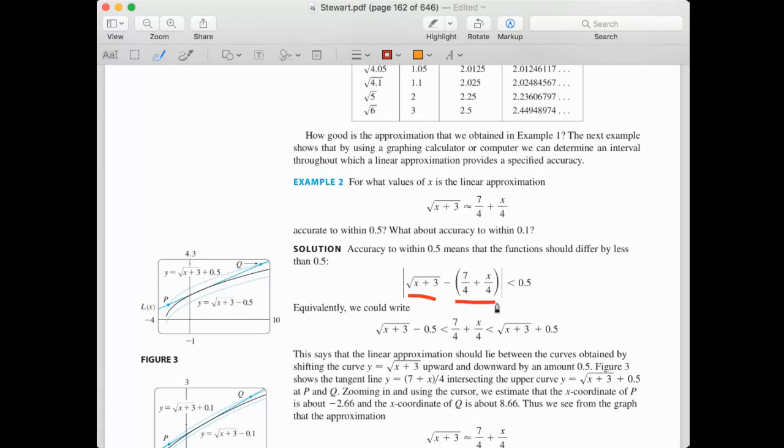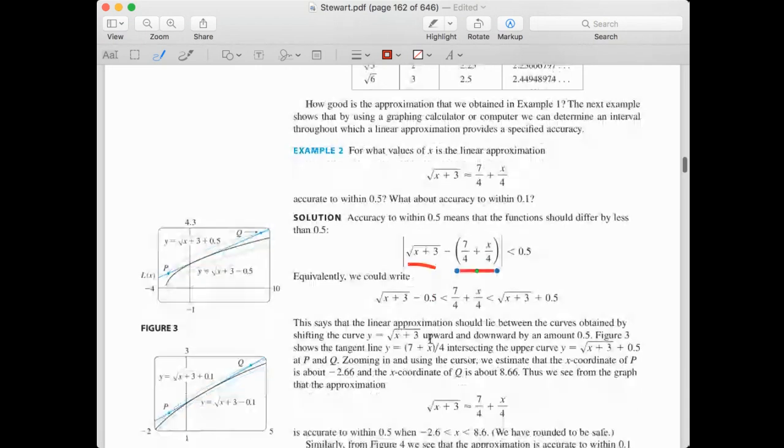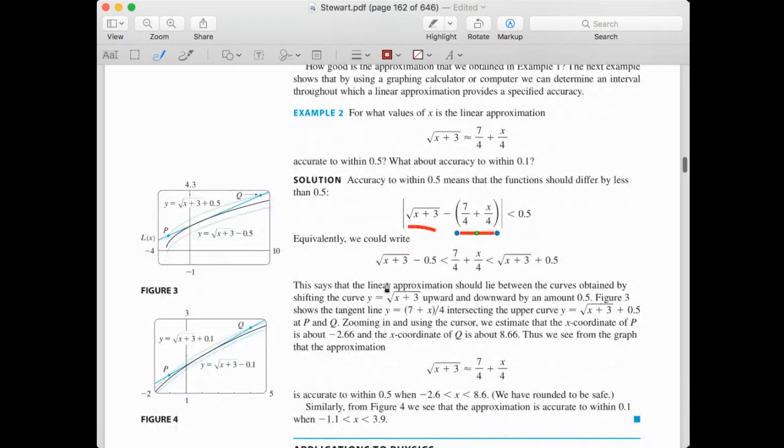This is our L of x. So this is a linear approximation. So we want the absolute value of the difference, so accuracy is between negative 0.5 and 0.5. Well, we could rewrite this one as this.